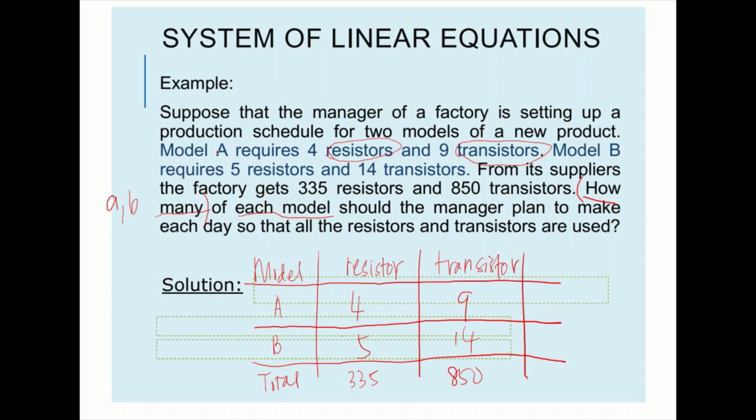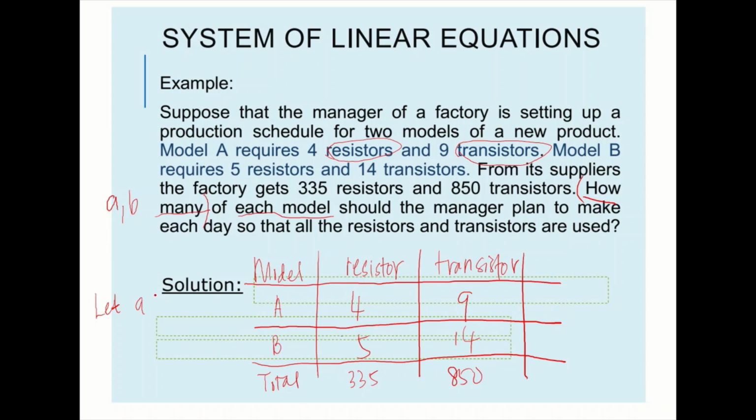But since we have model A and B, I'm going to use A to represent how many units of model A, and B to represent how many units of model B. Since we are going to use A and B, we have to declare the variables.